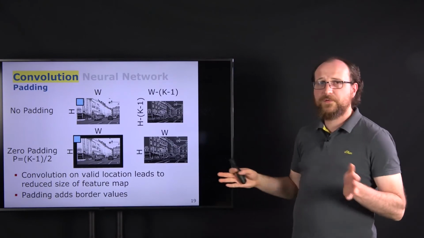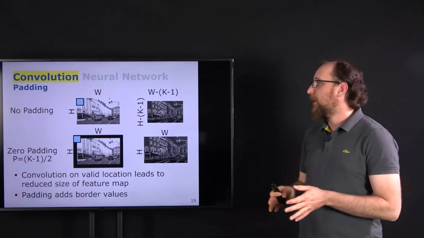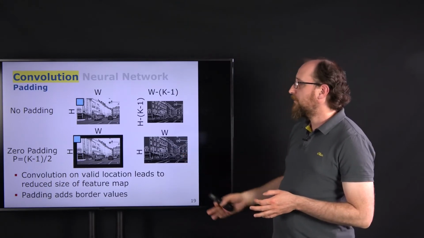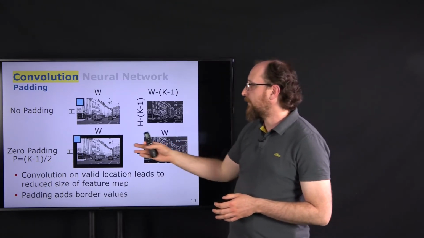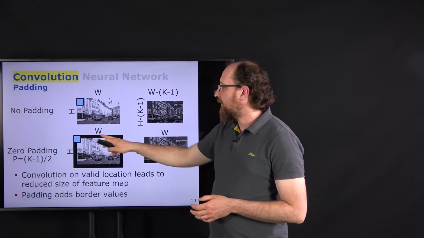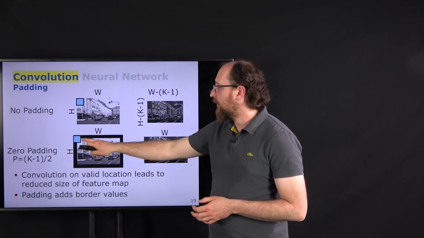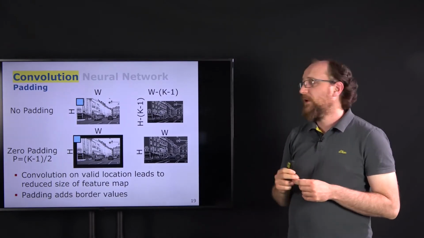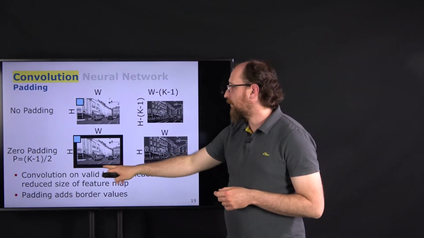So larger kernels will reduce the size more, and therefore we have to do something if we want to keep the size. The usual thing that is done is to add some pixels at the boundary so that we can move the window exactly over the first pixel. This is the so-called zero padding.